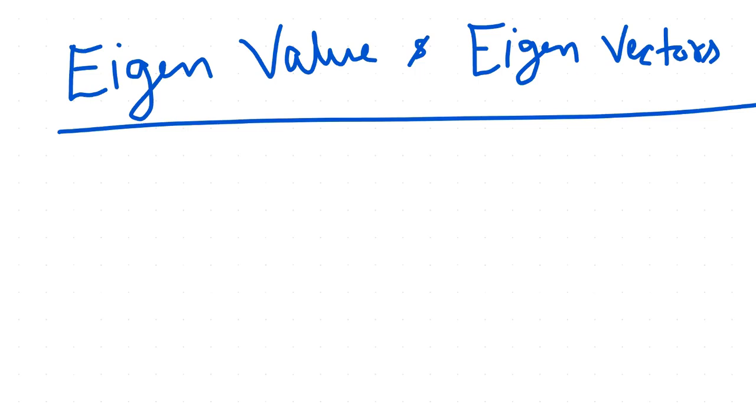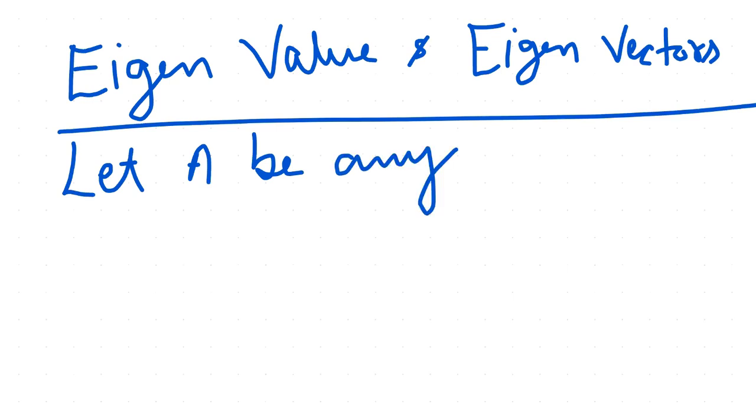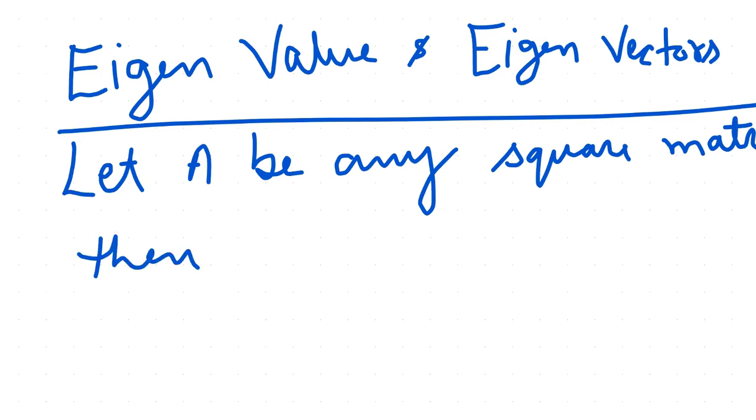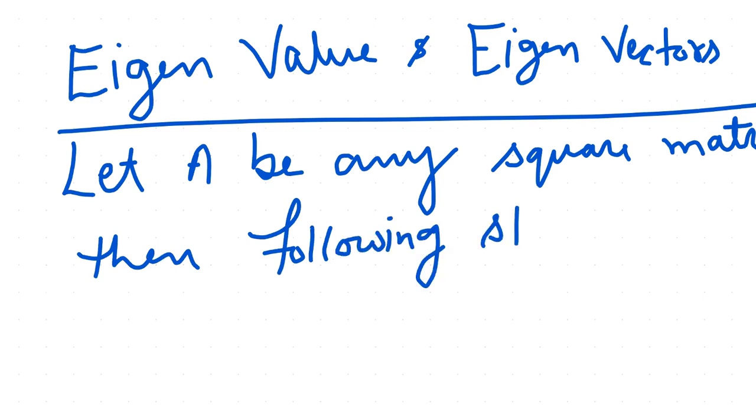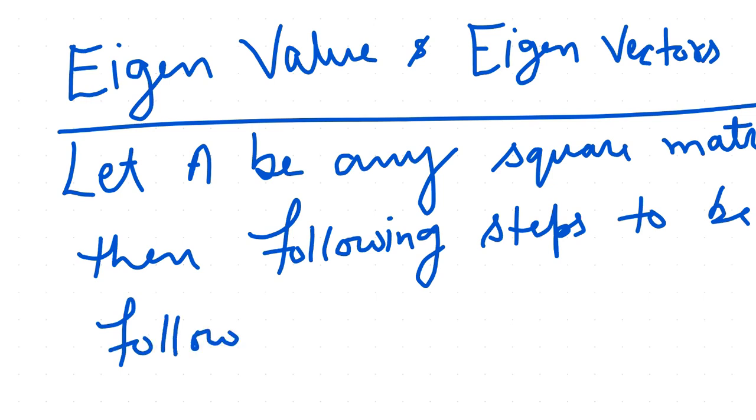So let A be any square matrix. Then the following steps are to be followed to find eigenvalues and eigenvectors.